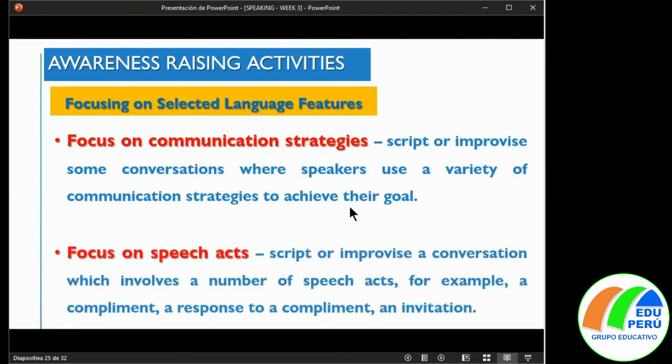Focus on speech acts. Script or improvise a conversation which involves a number of speech acts. For example, a compliment, a response to a compliment, an invitation.